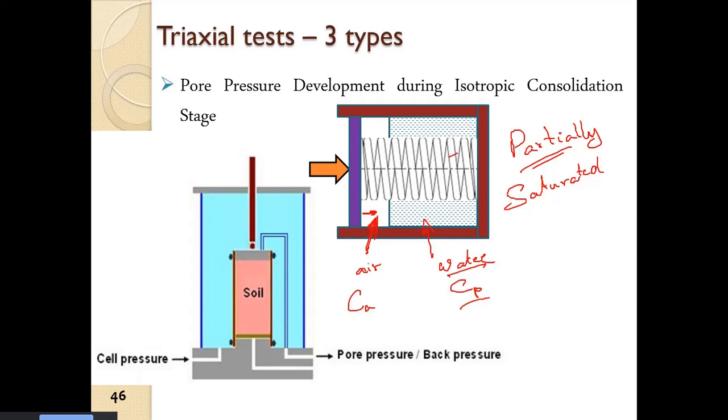So what will happen if it is partially saturated? The voids which are filled with air will compress. If there is compression, that means some amount of total stress will be taken up by the soil skeleton, and the effective stress in the soil will also change. So whatever increment of total stress we give will not be equal to the increment in the pore water pressure.